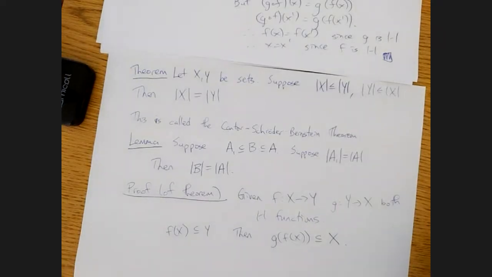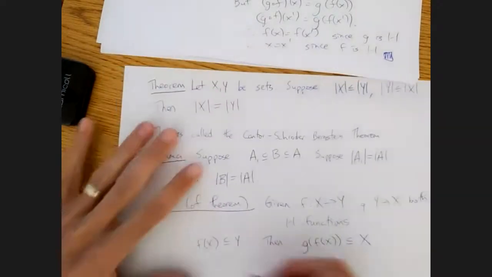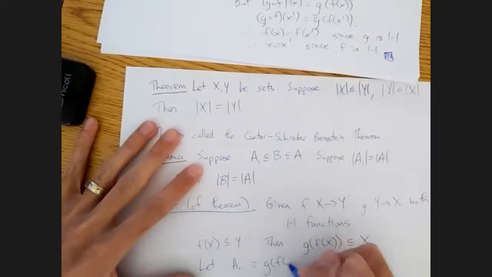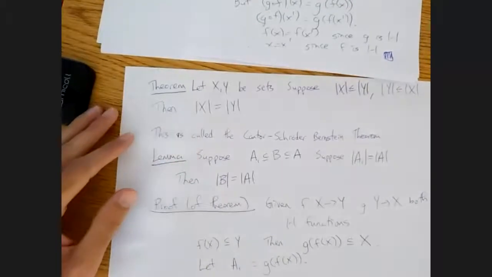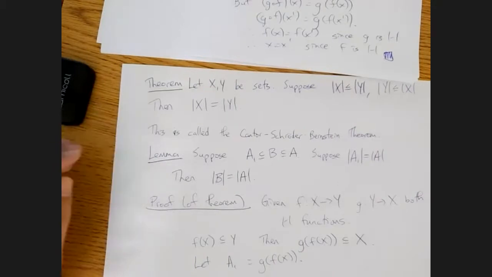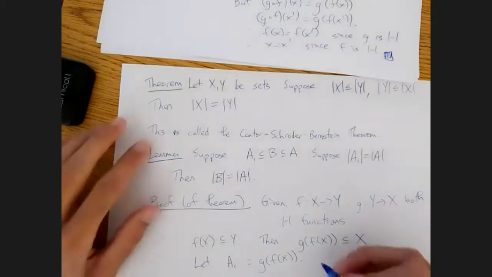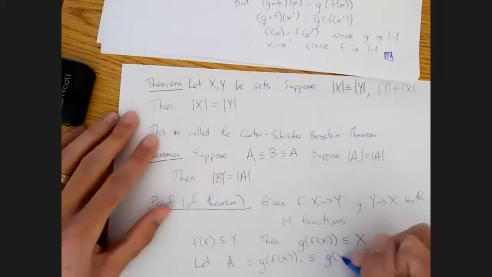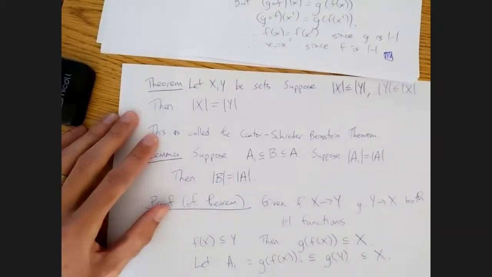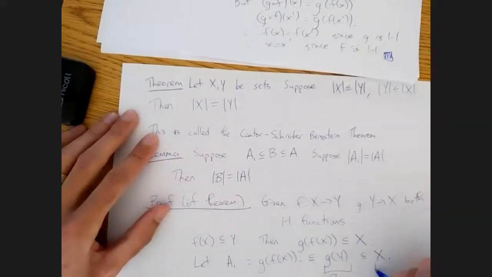Okay, so g of f of x is a subset of x. So we let a1 be g of f of x. And notice that's contained in g of y, and that's contained in x. Okay, so this is a1, this is going to be b, this is going to be a.